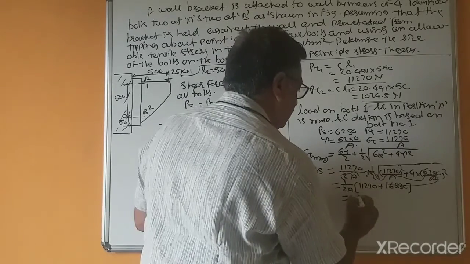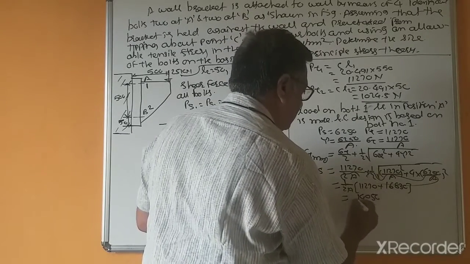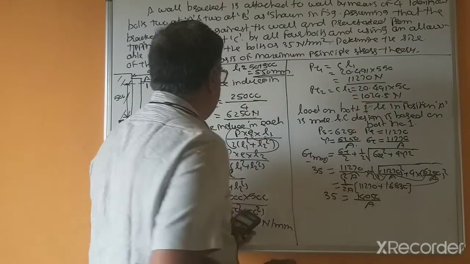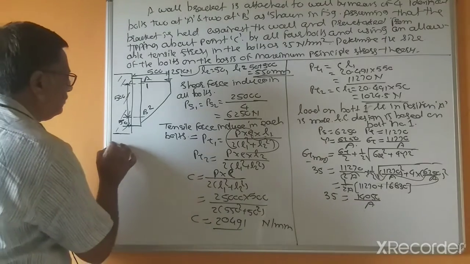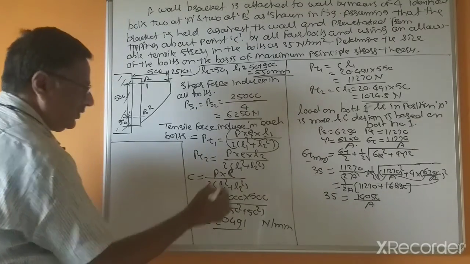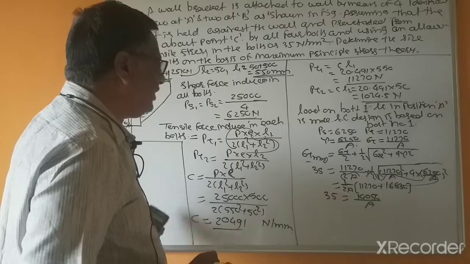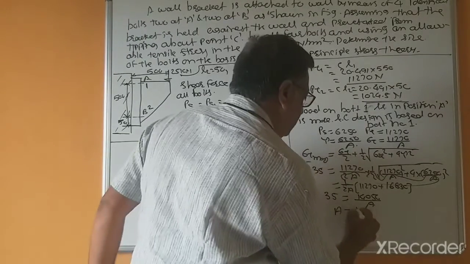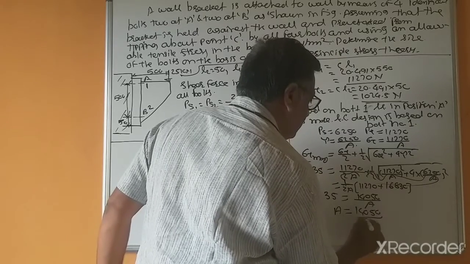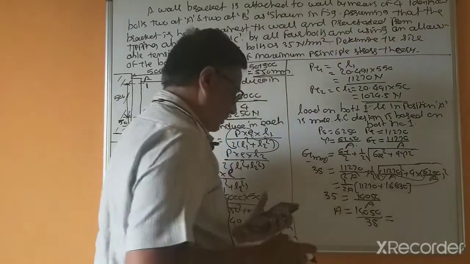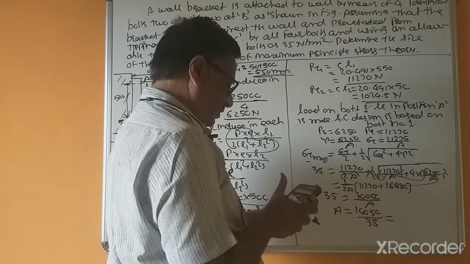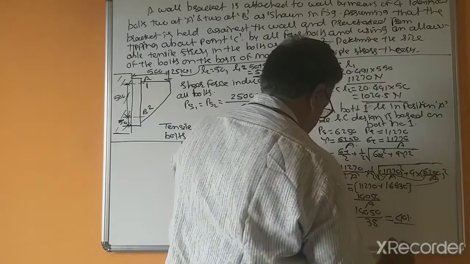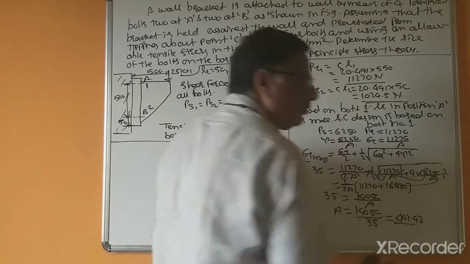That's why 14,050 divided by A, and this is equal to 35. Due to limitations of the space, the remaining portions I will complete here. Now A equal to 14,050 divided by 35, this is 401.43. Is this clear?